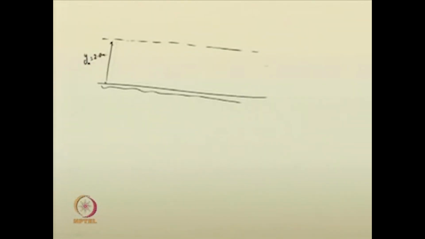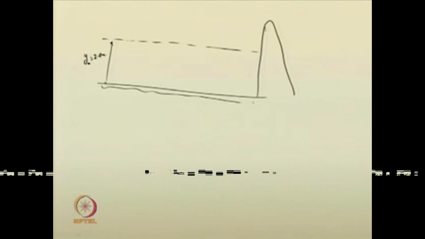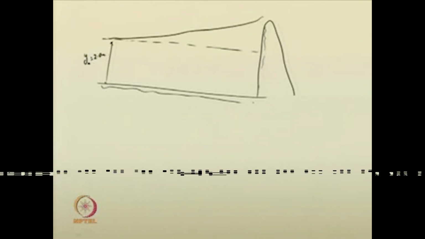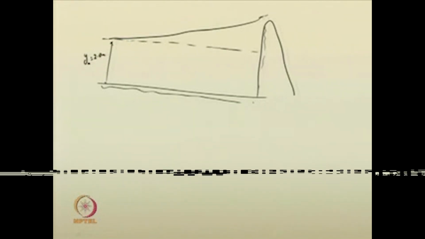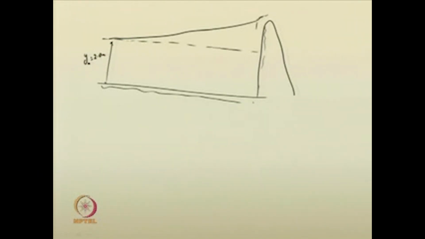Then what happened is that a dam was constructed and the water level rose like this. So, we do not know what type of profile this one is. It has risen up to 3.5 meters. What is the length of this gradually varied flow profile? That is the question asked to you now. So, you can compute that.